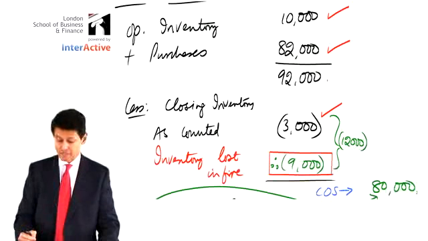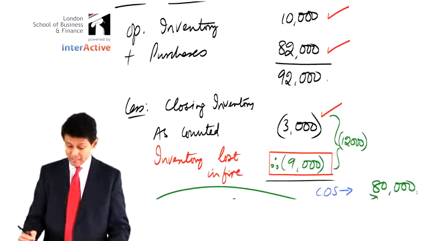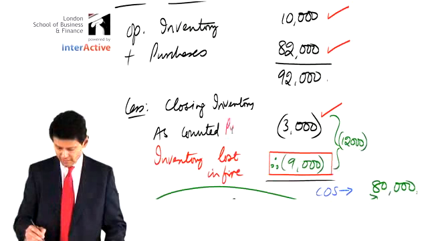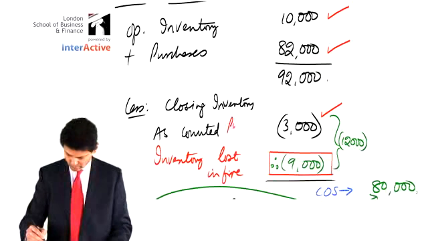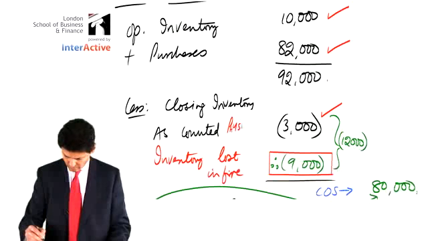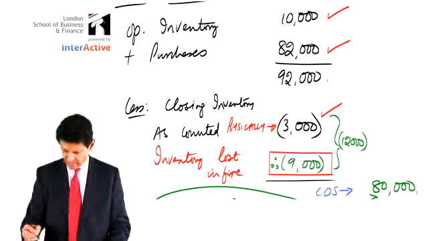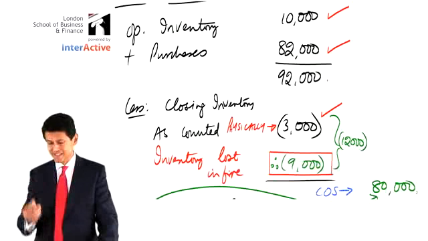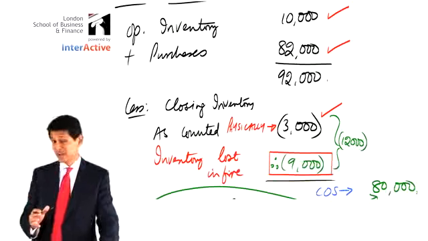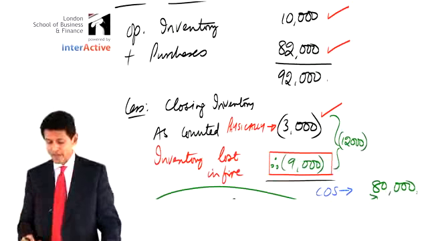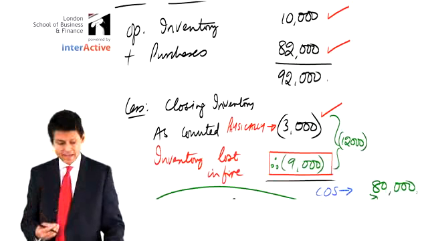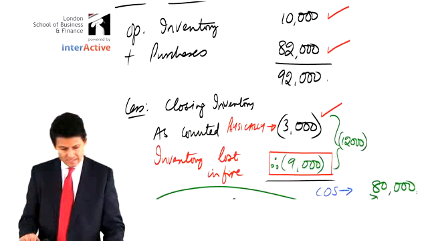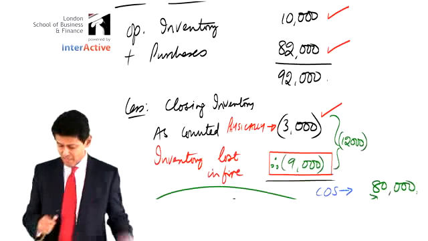And if that's 12,000 and I've accounted for 3 because I physically counted it, if I physically counted 3,000, and I realized that I should have had 12,000 because of the way the profit margins work, clearly what I have lost in the fire, damage or whatever, is the figure of 9,000.